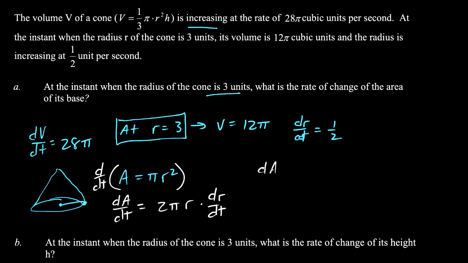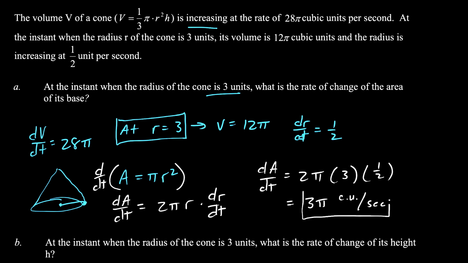So dA/dt will be equal to 2 pi, our radius is 3 at that instant, and dr/dt is 1/2. Simplifying that, we simply get 3 pi, and that would be square units per second. And that is our answer for dA/dt.